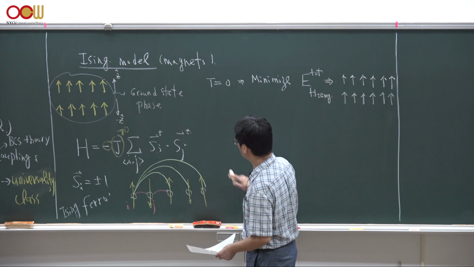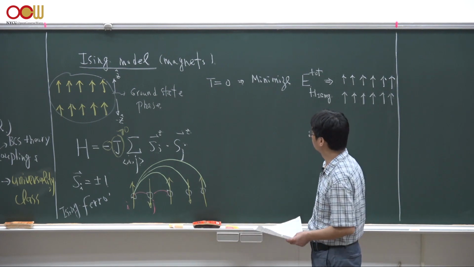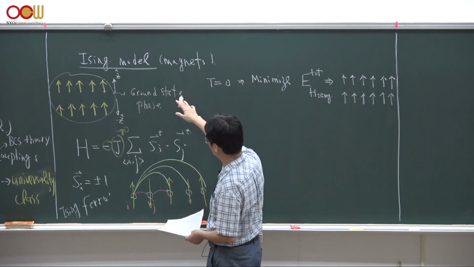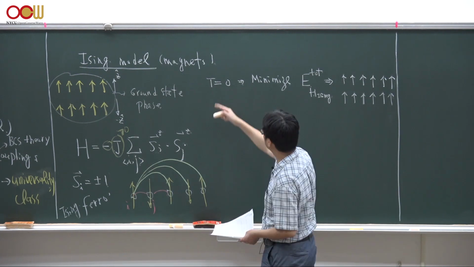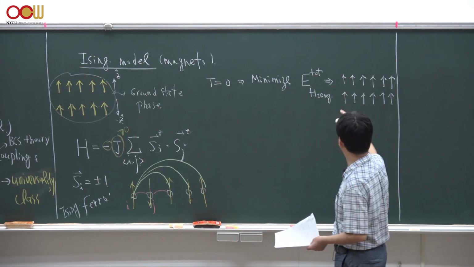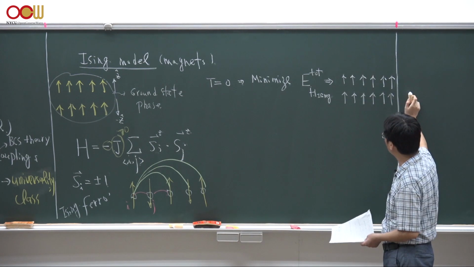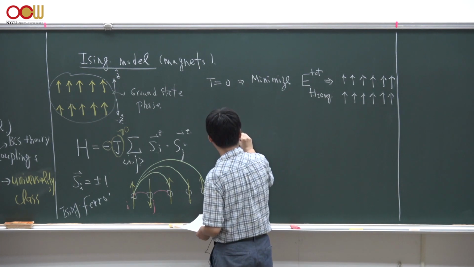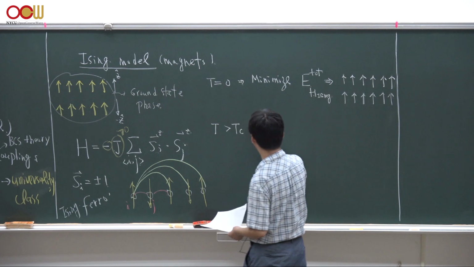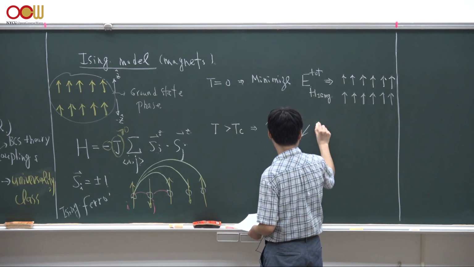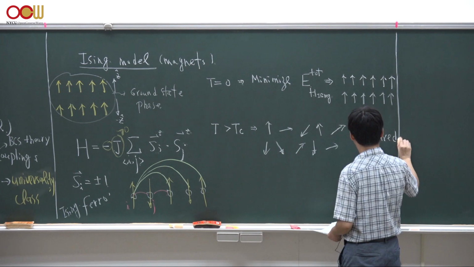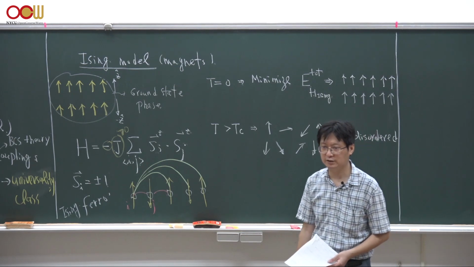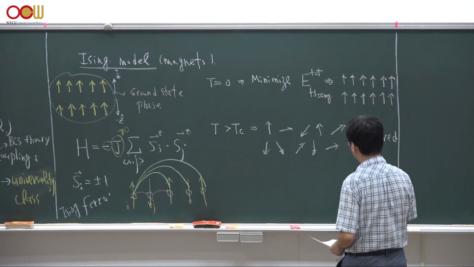Speaking of critical properties, we know that for the Ising spin system, say the ferro case, the ground state is the fully polarized or fully parallel spin configuration, but for temperature higher than the critical temperature, all the spins become disordered, with random orientation. Such a disordered state is a high temperature state.